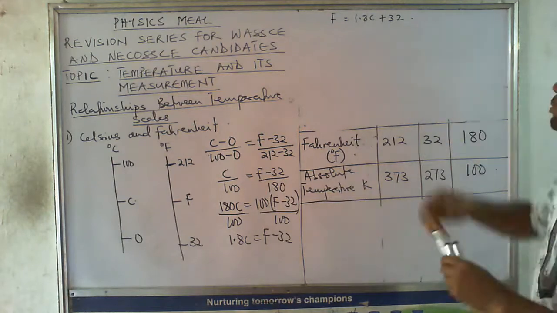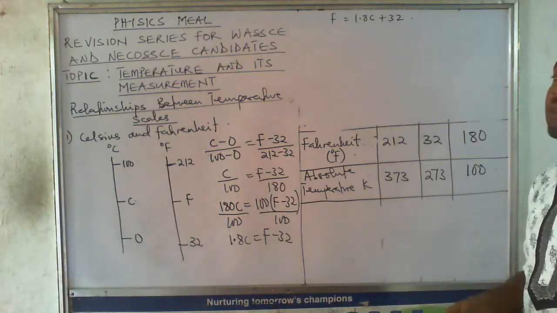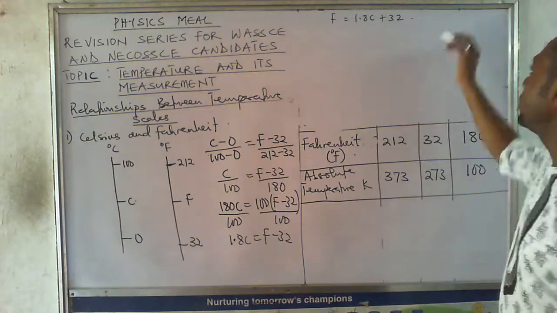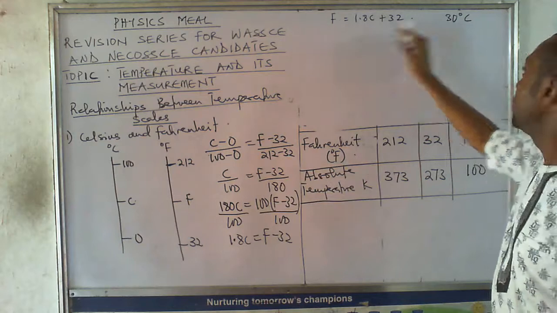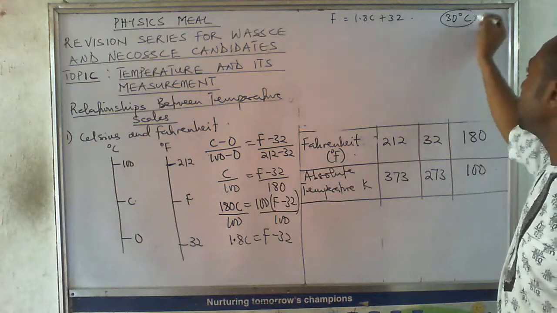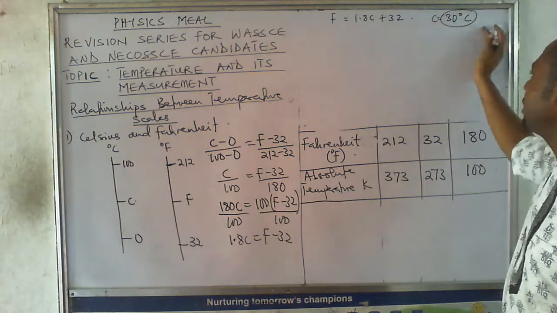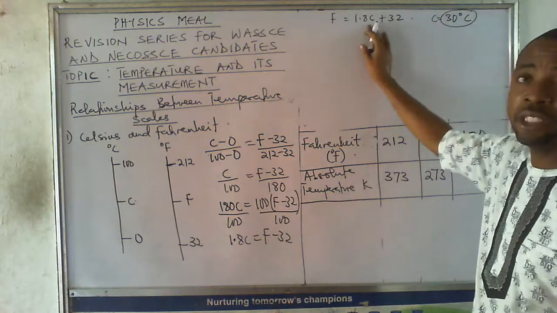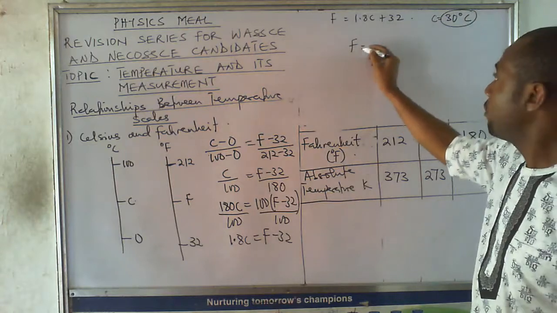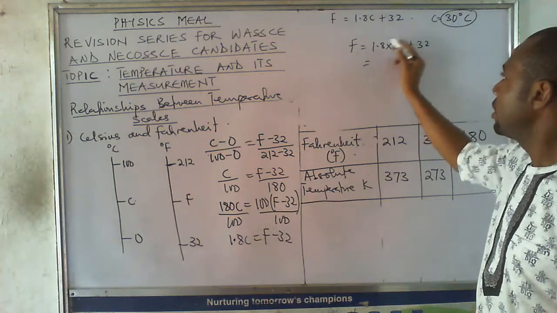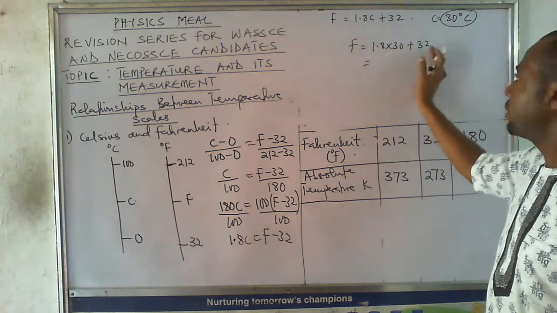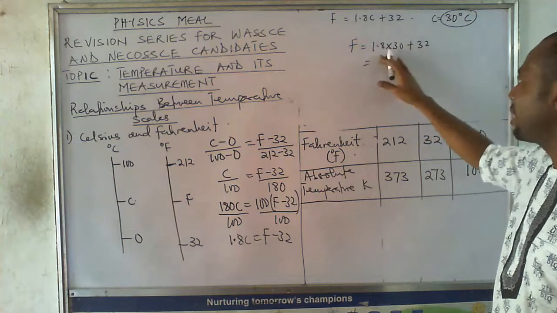So if you are told, maybe, to change 30 degrees C to Fahrenheit, the temperature in Celsius is 30 degrees. All you need to do is to substitute it here. You get your answer. F will now give you 1.8 times 30 plus 32. When you multiply this first, because we are applying mathematics, this is no longer physics.